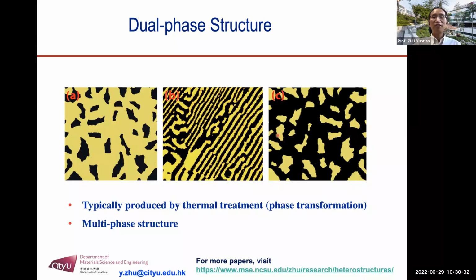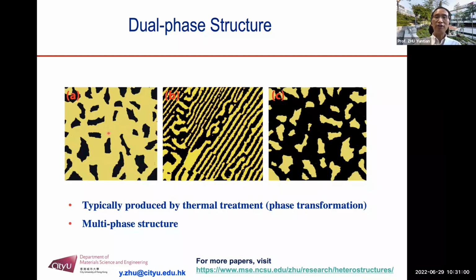Depending on this phase content, you can have a different type of dual phase structure. In this one, the yellow phase is softer, and you have this hard phase embedded in the softer matrix. In conventional industry for steels, they typically are this type, which means hard phase embedded in softer phase.